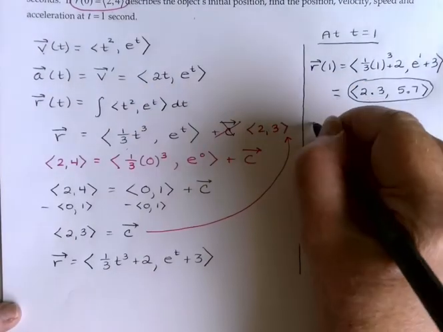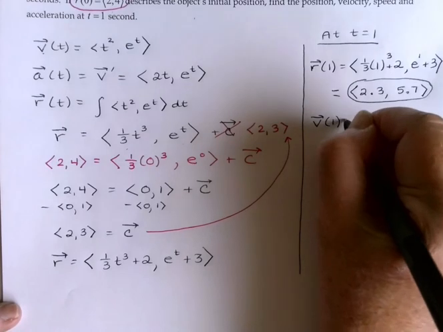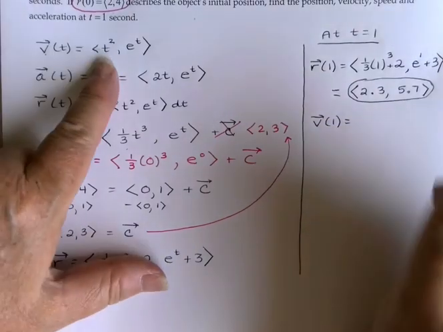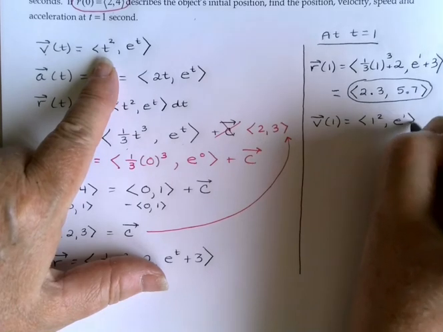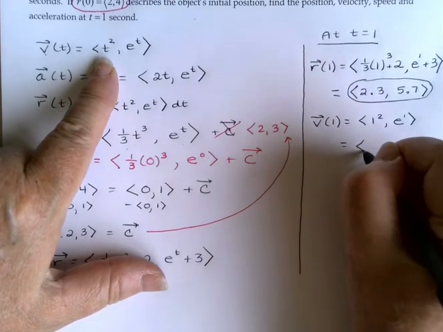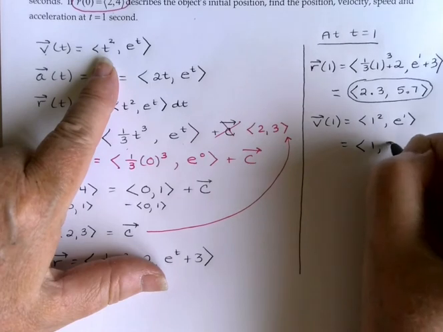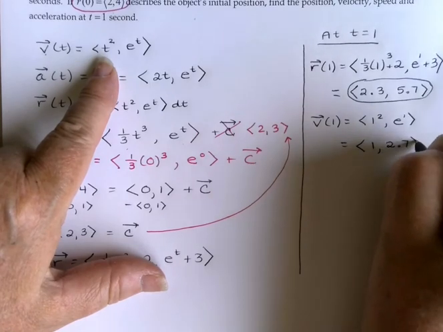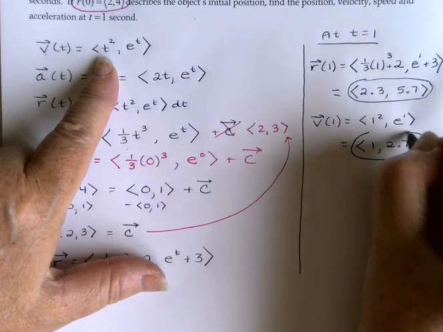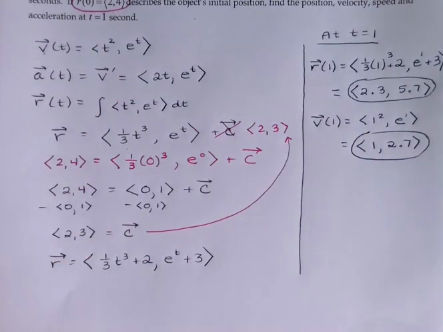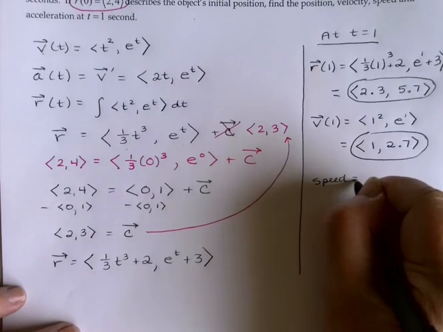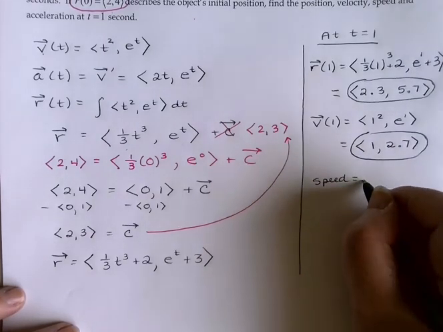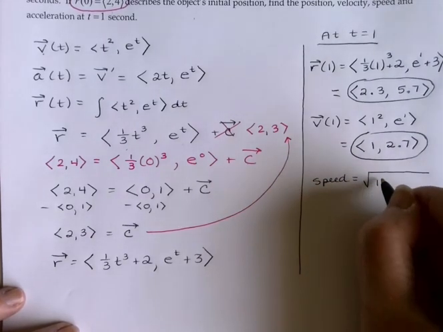Velocity at time 1? Let's see, velocity was actually the one that was given to us, so 1 squared e to the first would be 1 and approximately 2.7. Just rounding off to 1 decimal place here to keep things simple. Speed, magnitude of velocity, square root of 1 squared.